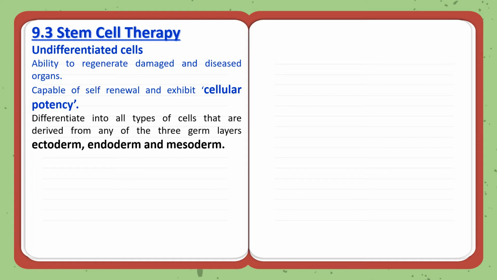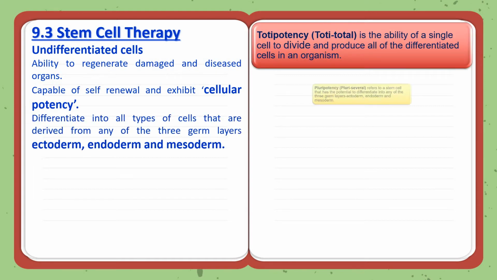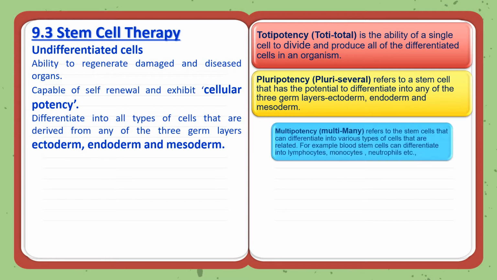It is capable of self-renewal and exhibits cellular potency. Stem cells can differentiate into all types of cells derived from any of the three germ layers. The germ layers are ectoderm, endoderm and mesoderm.